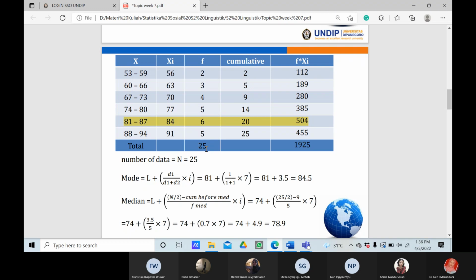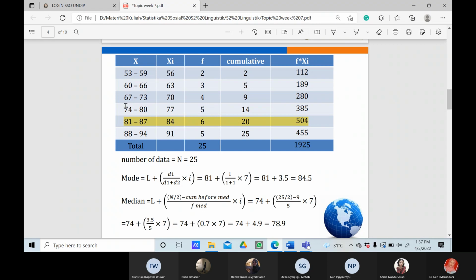Then the median will fall at the 12th data plus the 13th data divided by 2. From the cumulative column here, you can see that the 12th data and the 13th data will fall at this interval.